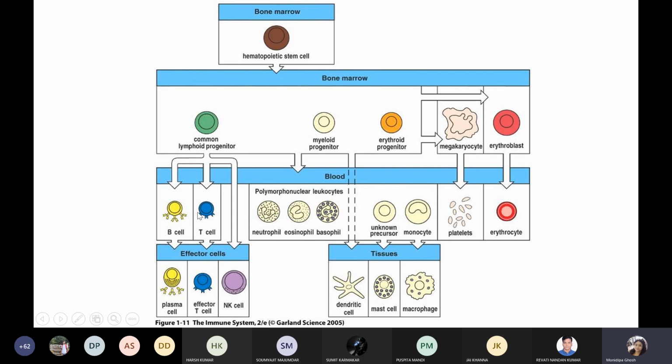What are lymphocytes? B cell and T cell. What are monocytes? Monocytes have myeloid origin, and they give rise to macrophage, mast cell, or the dendritic cell, while the erythrocytes are the red blood cells.